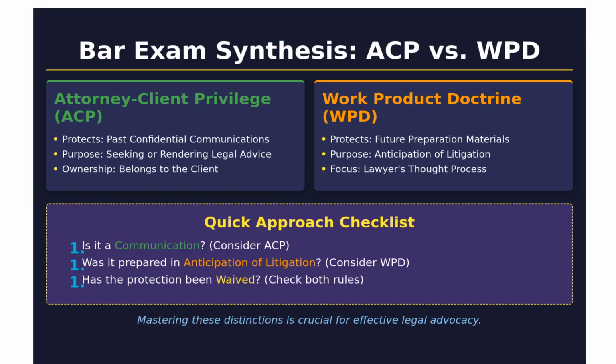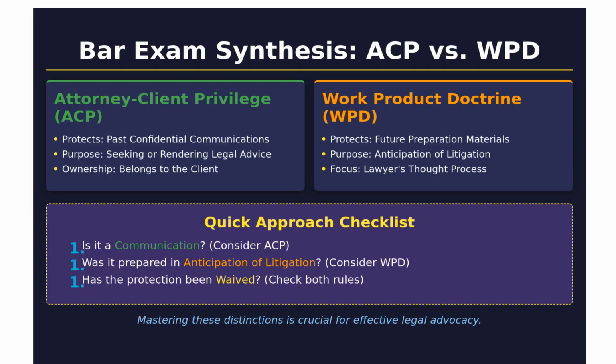We have now thoroughly examined both the attorney-client privilege and the work product doctrine, including their respective waiver rules. For success on the bar exam, you must internalize these core distinctions. Remember this fundamental split. Attorney-client privilege shields past confidential communications made for the purpose of obtaining legal advice.